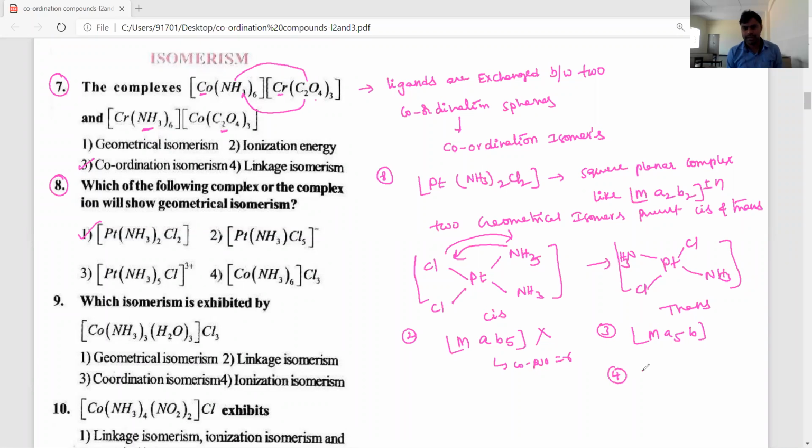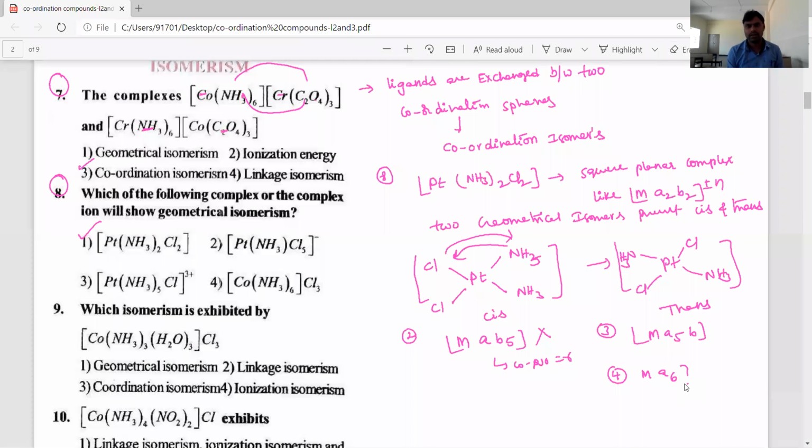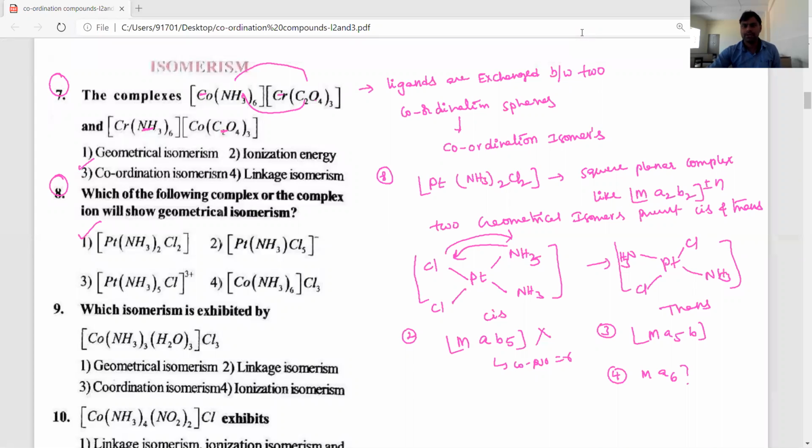And the fourth one is MA6. All 6 ligands are the same, which means it does not show geometrical isomerism.